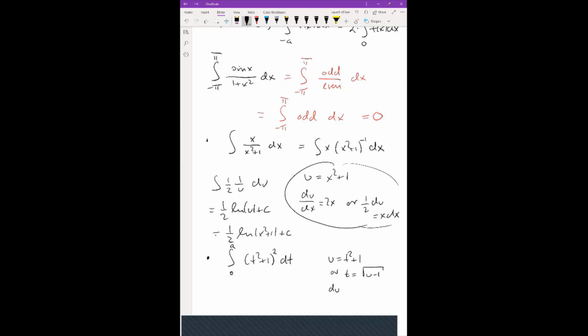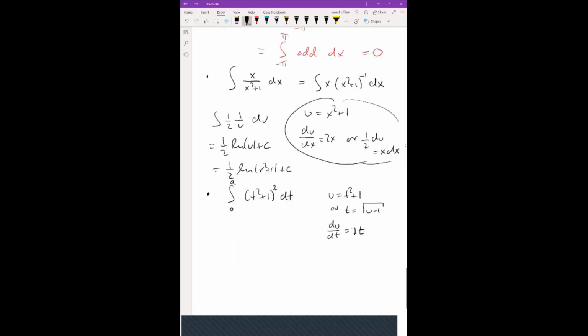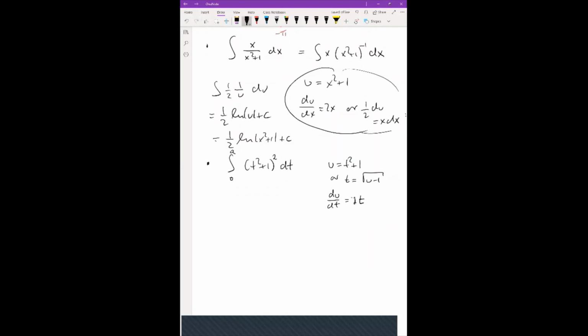And we have du dt is equal to 2t, or 1 over 2t du is equal to dt, or 1 over 2 square root of u minus 1 du is equal to dt.